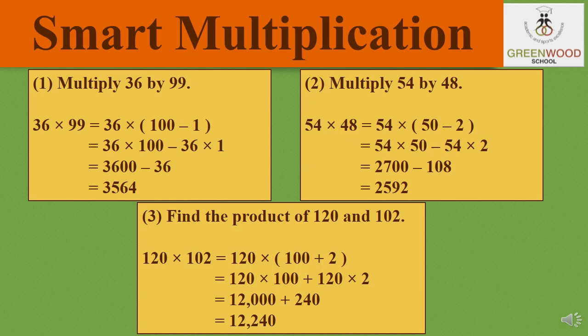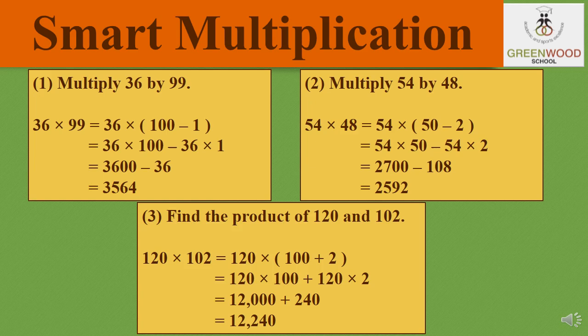Now what is 36 into 100? 36 as it is and 2 zeros from 100, so 3600. Minus 36 into 1 is equal to 36. Subtract the two numbers, you will get your answer as 3564.